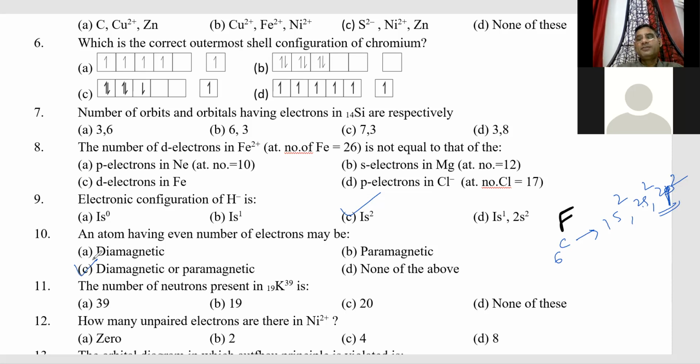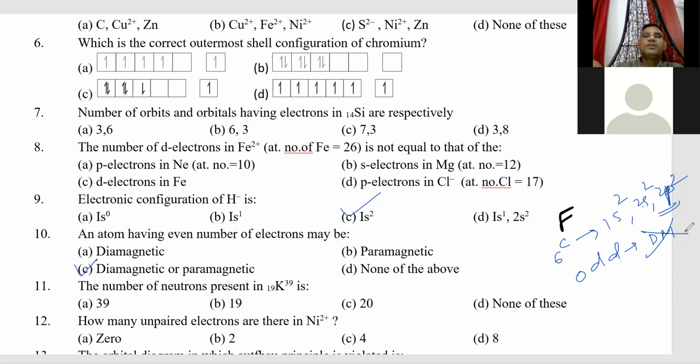But odd can never be diamagnetic, that's for sure. Odd number of electrons containing species can never be diamagnetic, but even number containing can be diamagnetic or paramagnetic. Is it okay? Yes, sir. But odd will always be paramagnetic only.